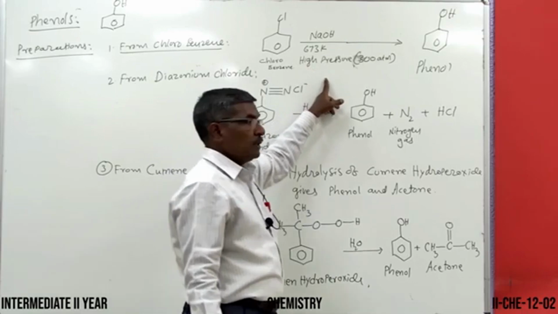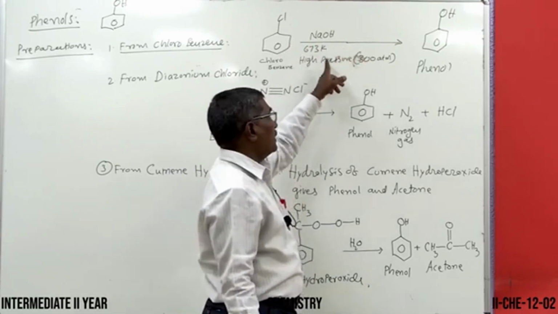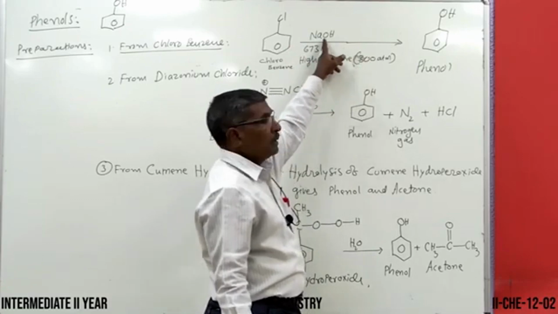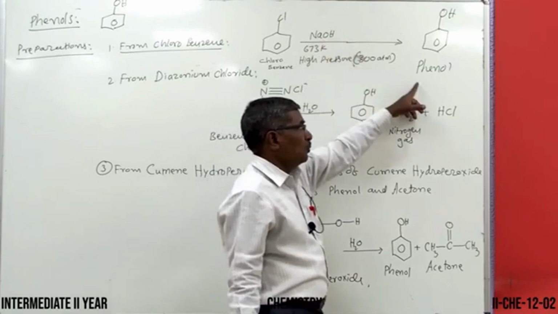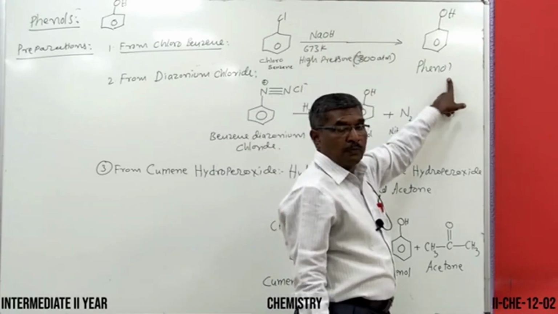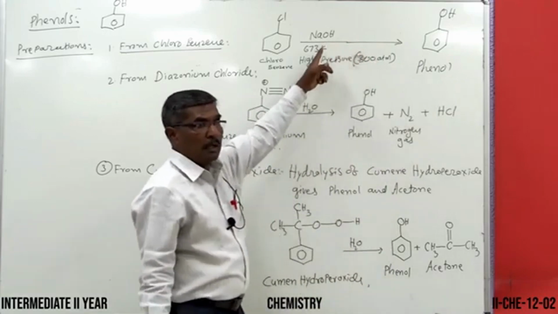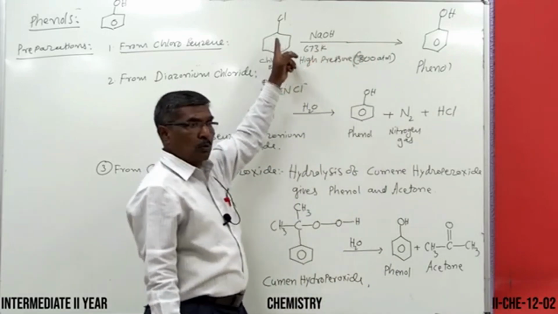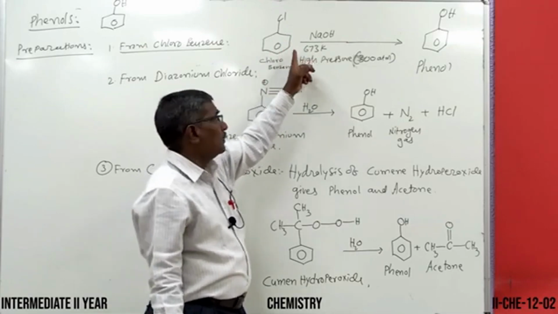At normal temperature and pressure, the reaction does not take place. So at high temperature and pressure it reacts with sodium hydroxide or potassium hydroxide and gives phenol. So phenol can be prepared by the action of concentrated sodium hydroxide at high temperature and pressure on chlorobenzene or bromobenzene or iodobenzene.